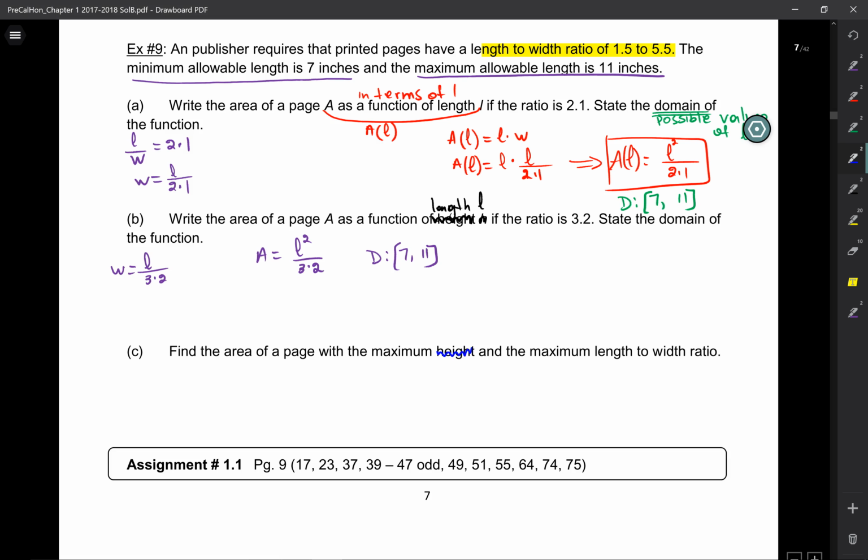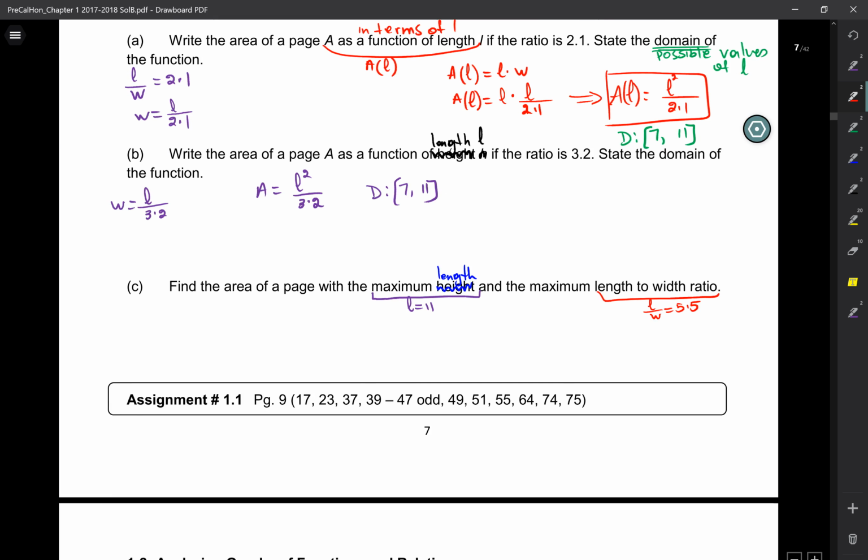Here, again, this should be length. It says, find the area of a page with the maximum length and the maximum length to width ratio. So maximum length means L is equal to 11. Maximum length to width ratio means L to W is 5.5.